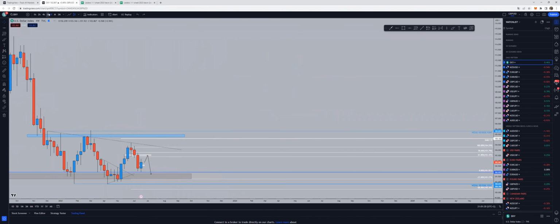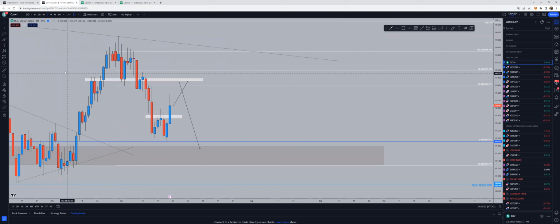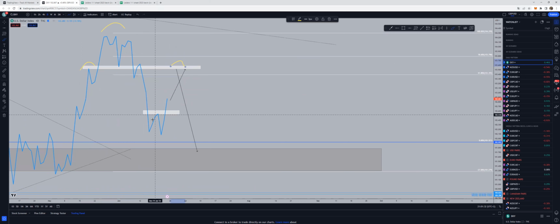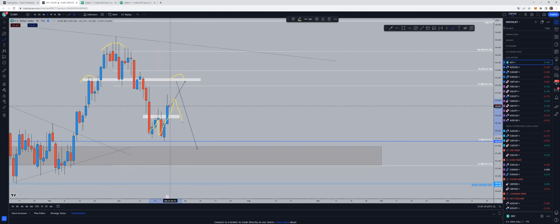So then I went to the daily. On the daily, what can you see? On the daily, we still need to make that reversal pattern in the form of a shoulder one, head, shoulder two. And what are we making here? As you can see, some kind of smaller bullish M against the daily driver. So we can potentially have a smaller pullback.